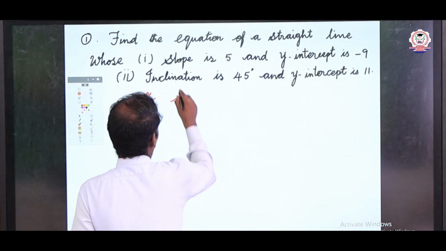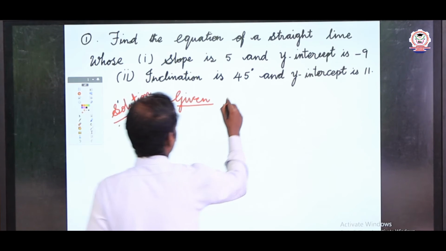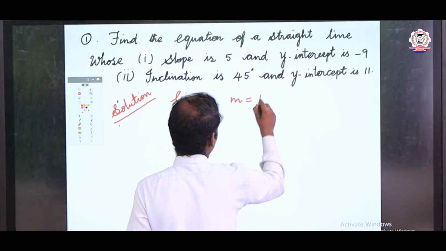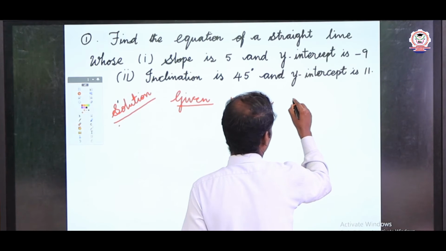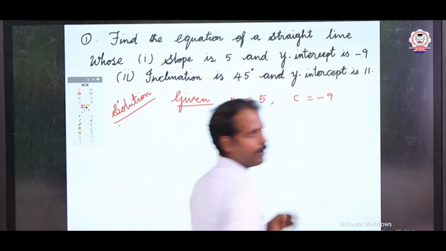Solution: given slope, that is m value, is 5, and y-intercept, which we denote c, equals minus 9. These are the given values.